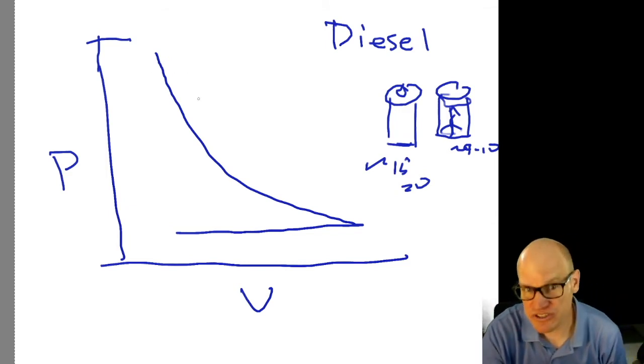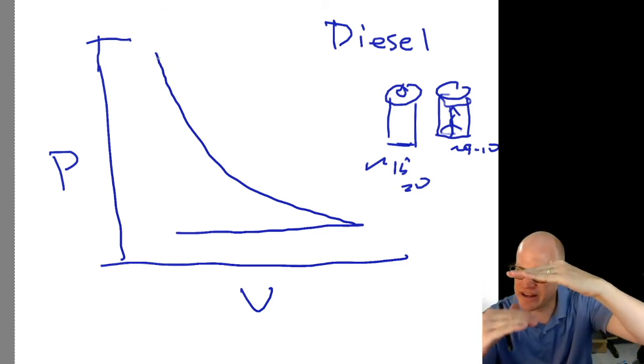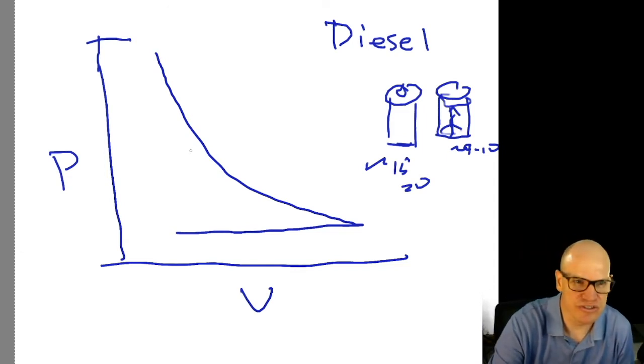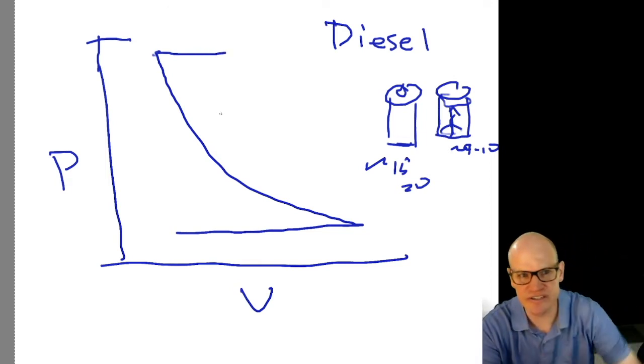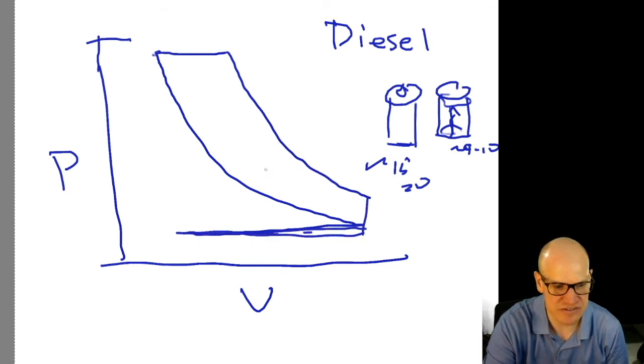And as a consequence of that, the cylinder expands more slowly. The gas burns more slowly. And so you get this period of time where the cylinder is expanding and the pressure is maintained at a constant rate, and then it declines back down like this, and then it goes back through the exhaust and intake cycles.